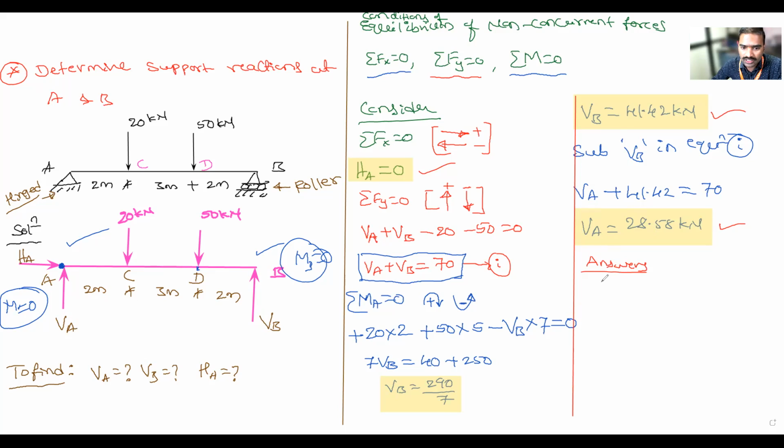So you can write HA is equal to how much? It is 0. VA is equal to how much? 28.58 kilonewton. Next, VB is equal to how much? It is 41.42 kilonewton. Is it clear, everyone? Yes, sir. Does anyone have a doubt in this problem?